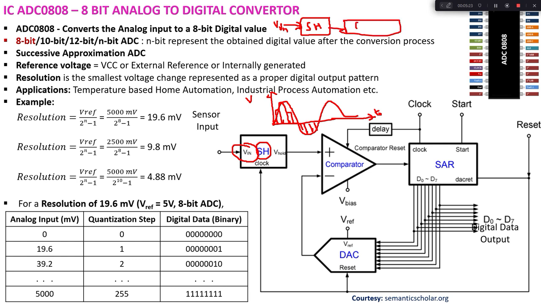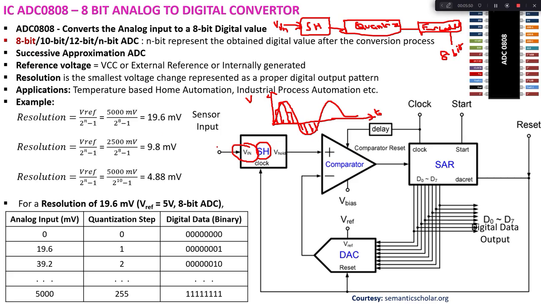The quantizer converts the discrete samples into discrete levels. Then from the discrete levels it goes into an encoder block which gives the digital bit pattern. So I will get an 8-bit result here which corresponds to the input voltage. This is how the analog signal is converted into a digital value.